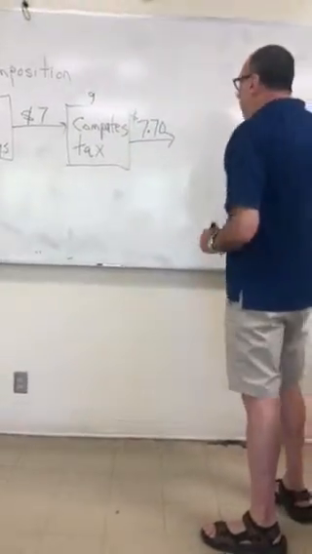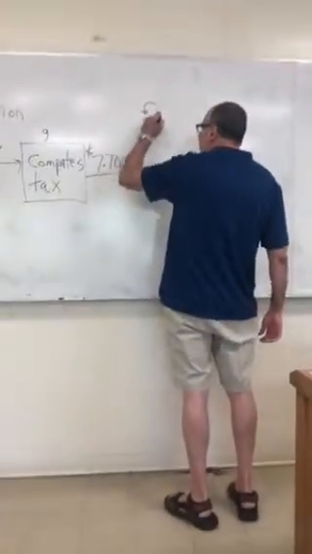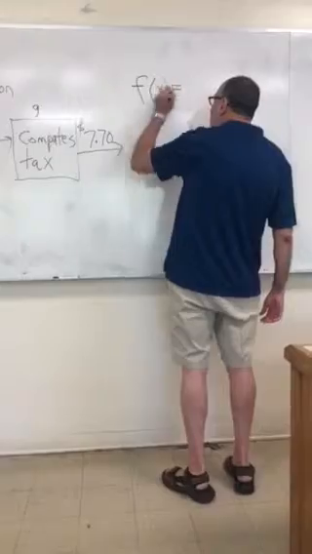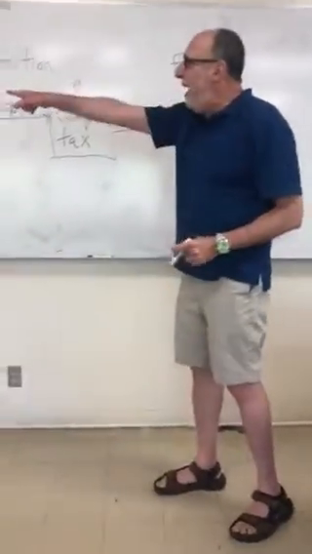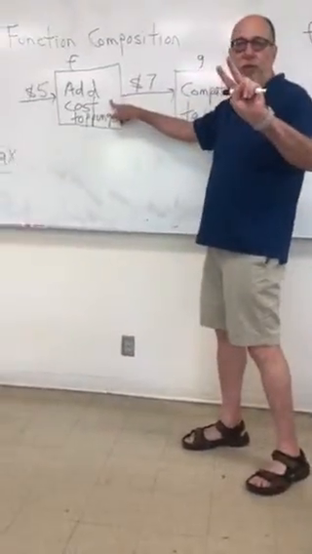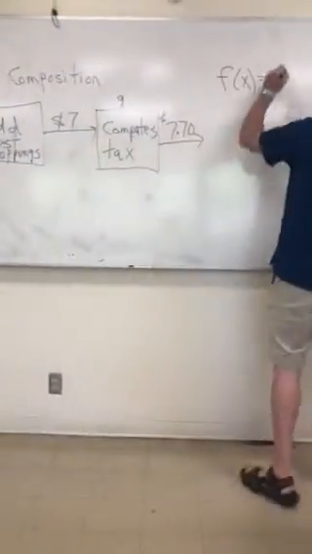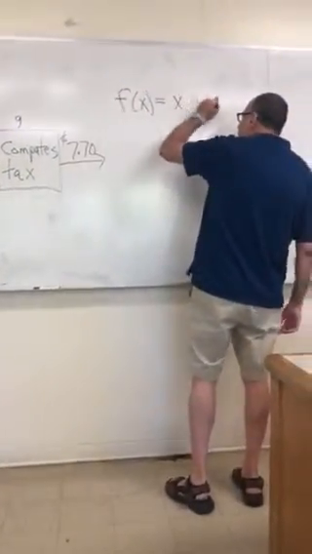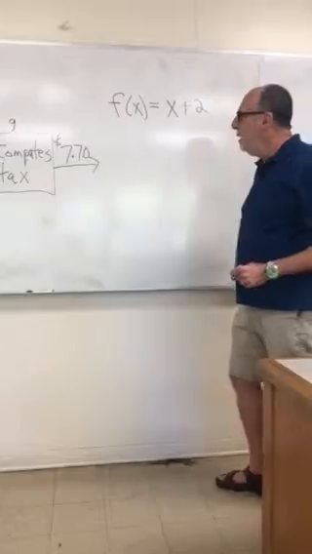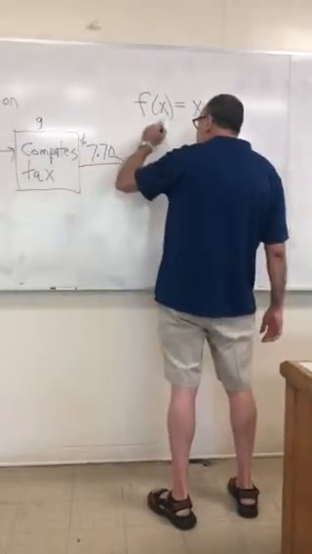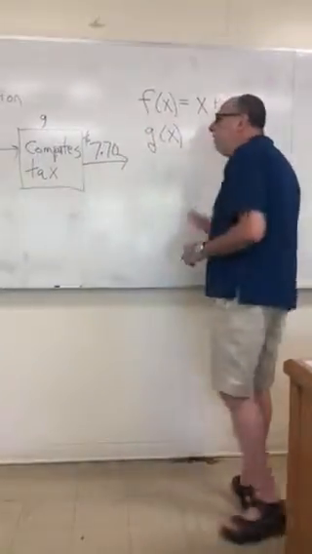Okay, so let's think of this. Let's take this example. So suppose function f of x. So what is it doing? It's adding $2 for the toppings. So f of x is x plus 2. Now, let's look at function g. What is g doing?